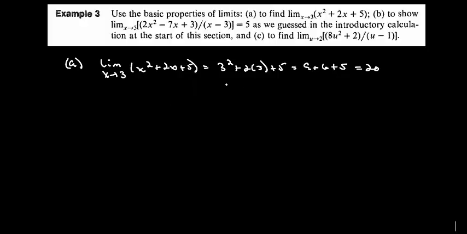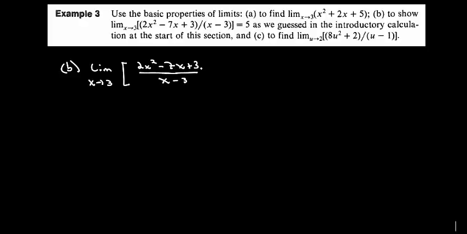We actually have to show the limit laws, and you just saw that. Watch what happens here when you try to do a direct substitution. So for B, we want to find the limit as x approaches 3 again of 2x squared minus 7x plus 3 over x minus 3. We want to show this equal to 5.